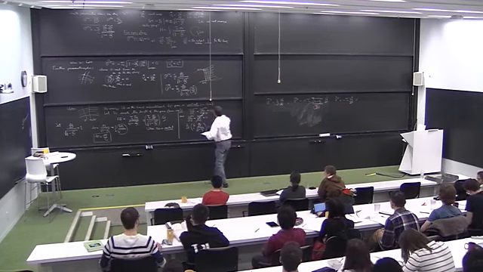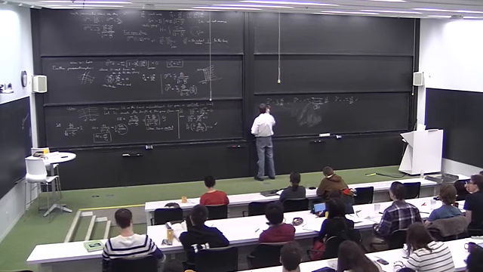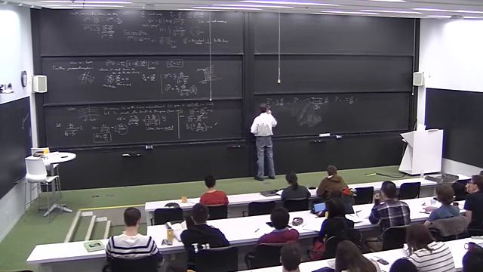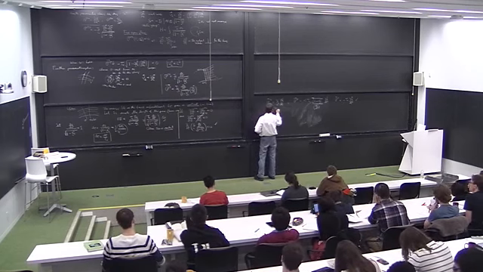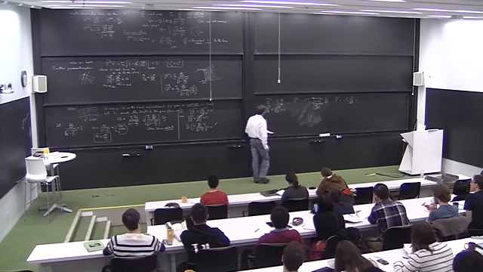We had it here, which reads dp tau vector d tau, which is t now, plus dp sigma vector d sigma equals 0. So what is this?